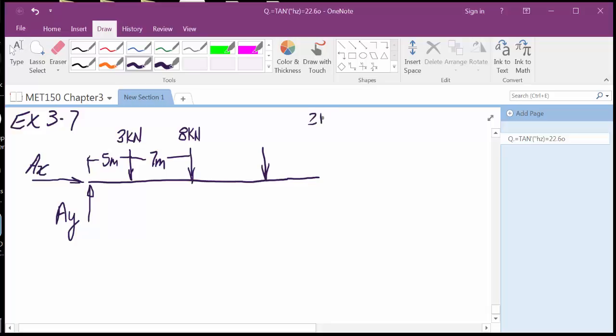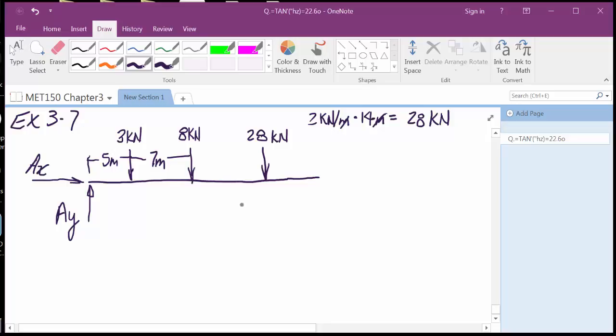So 2 kilonewtons per meter times 14 meters equals about 28, I didn't bring my calculator again, kilonewtons, right? Because the meters cancel out. So we'll have 28 kilonewtons.